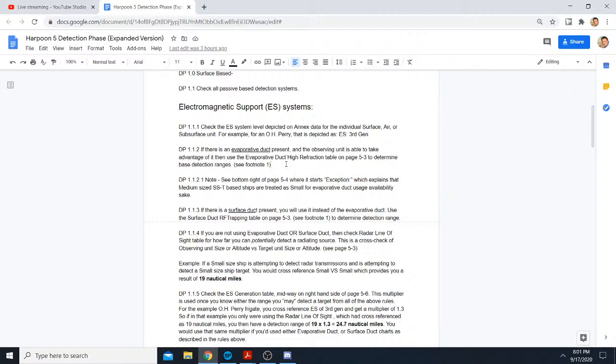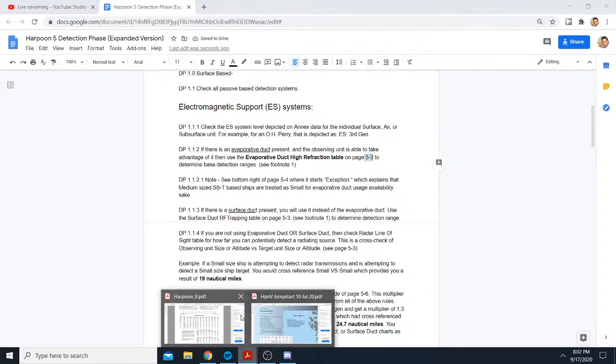One of the next things you need to do is determine, from the scenario, whether an evaporative duct is present. I'm not going to get into the rules on how the GM detects that, but the GM will basically roll to see if an evaporative duct is present. If there is one, you would use the evaporative duct high refraction table, which is on page 5.3.